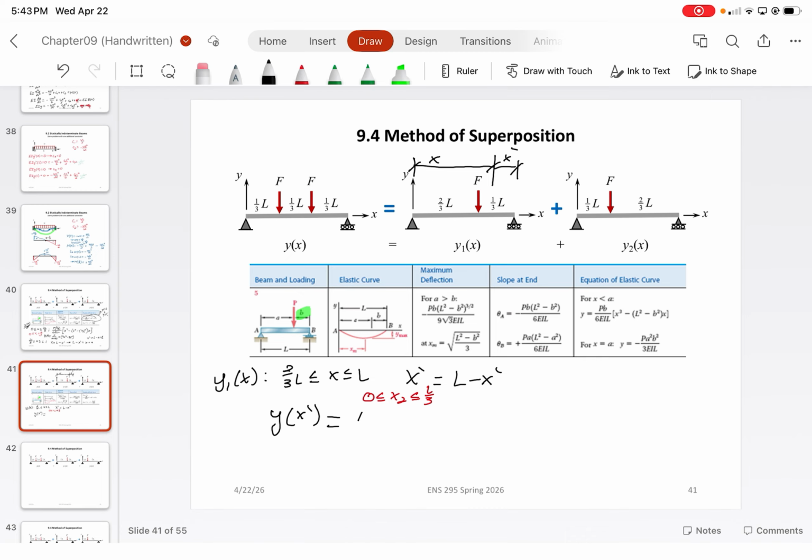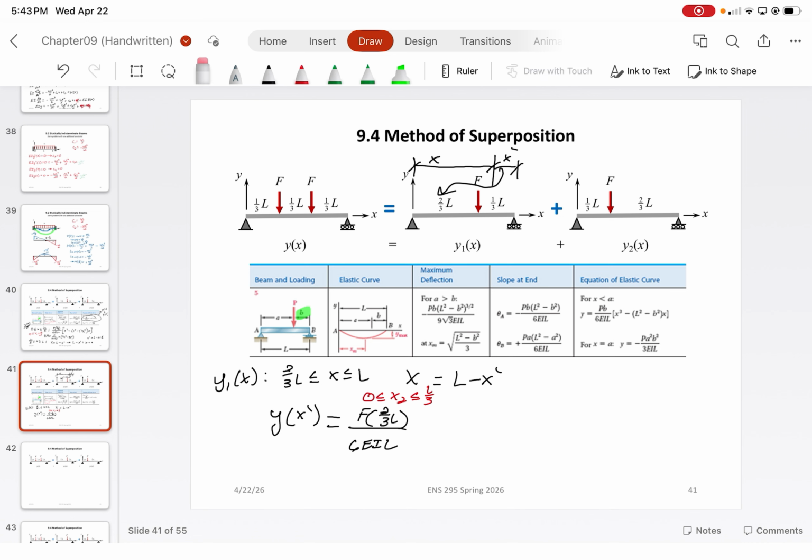We would have the force P, which is just F. B then would basically be this value because we're transforming it. So B is just opposite of that. It's opposite of the load. So B would just be 2 over 3L divided by 6 EI times L.